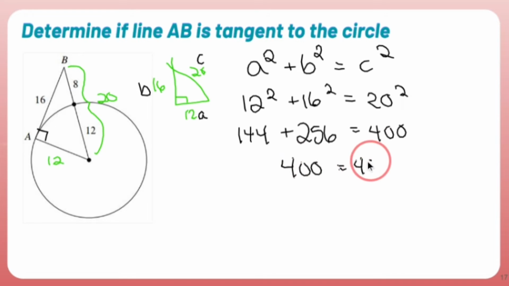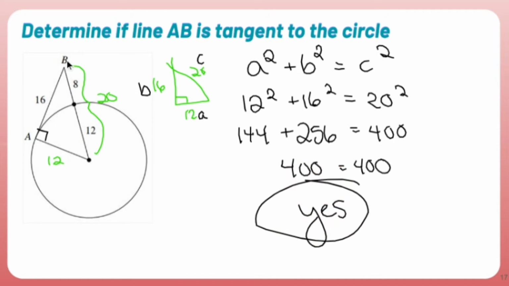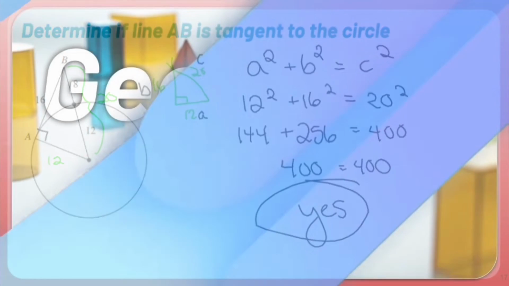Does 400 equal 400? Yes. So is AB tangent to the circle? Yes. Again, a tangent line has to be perpendicular to the radius that it hits. So in other words, since this is a right triangle, it is perpendicular because it creates a 90-degree angle.